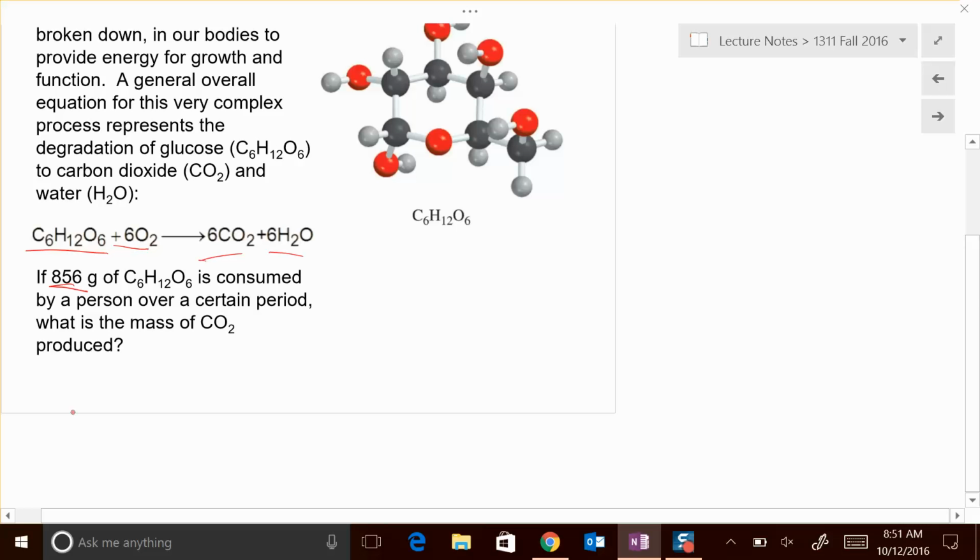Okay, so we're going from 856 grams, and it's a balanced chemical equation. How nice, right? You have your balanced chemical equation. You're starting with 856 grams of glucose, and you want to find out how much carbon dioxide is produced.